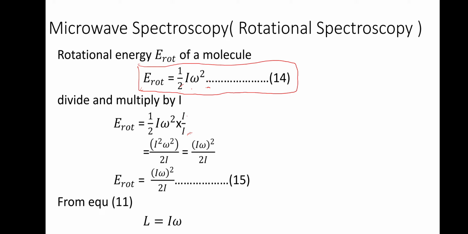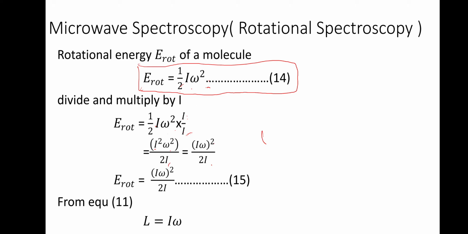When we multiply and divide, the quantity will not vary. So half I omega into I divided by I. Now we are taking this I inside. So what will it become? I into I squared into omega squared divided by 2I. Or you can write I omega squared by 2I.